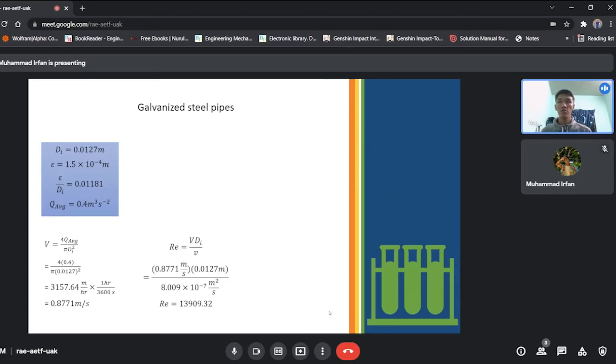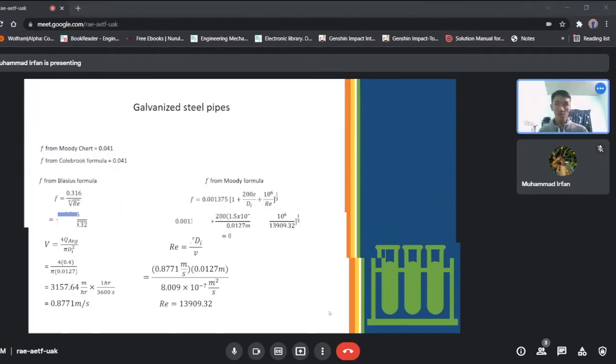The first calculation is for galvanized steel pipe, where we need to find the velocity by using the equation V equals 4 Q average over π times diameter squared. Next, after we have the value of the velocity, we put it in the formula of the Reynolds number and we get 30,909.32.